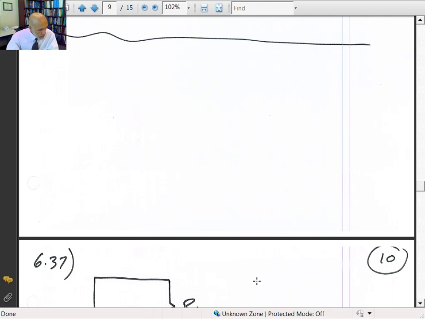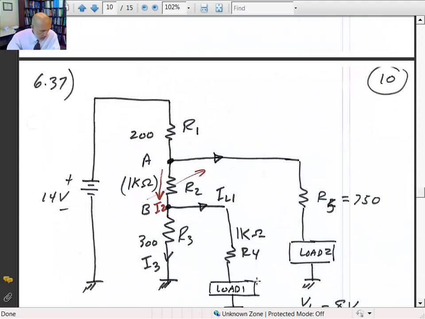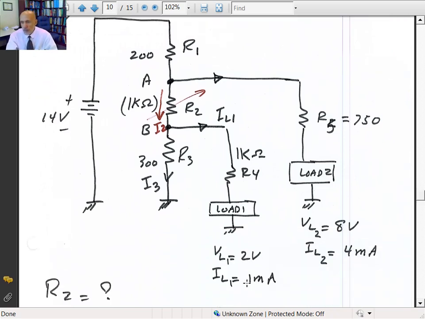All right. Next problem was number 37. It says for the circuit shown in figure 655, determine the adjusted value of R2 that will cause the load 1 to run at its rated value. Everything is given.